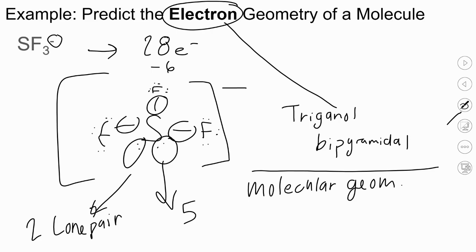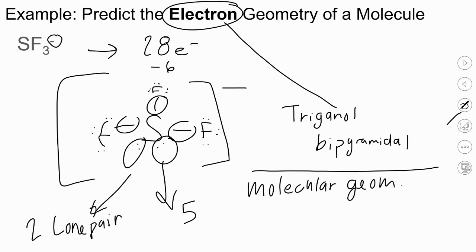Okay. So the lone pairs are a little bit bigger than a bond. They take up a little bit more space. They're going to be as far apart from each other as they can. The lone pairs are going to go around the equatorial spots.